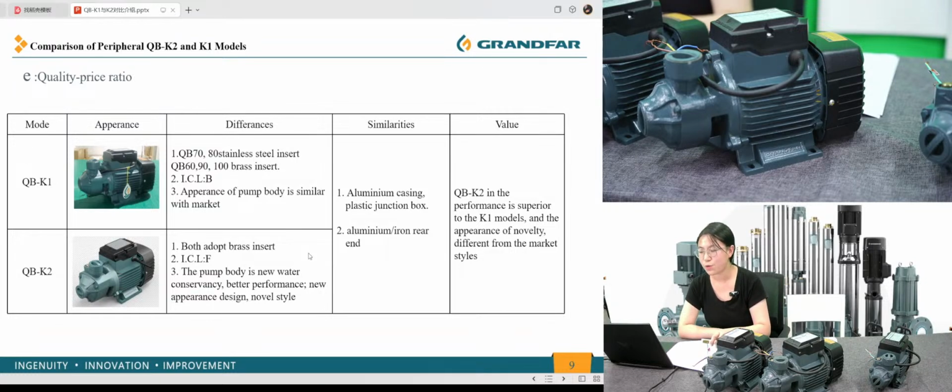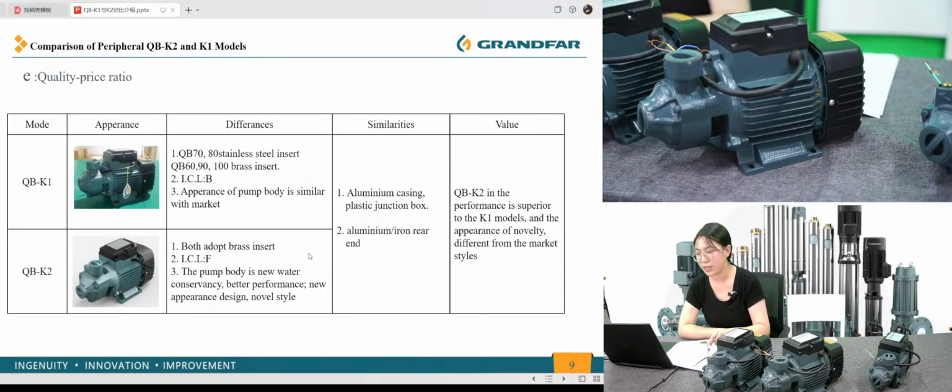Let's look at the first line. It's the model appearance, about what will be compared: the details, the differences and the similarities, and the analysis of price. Let's look at the QB-K1.